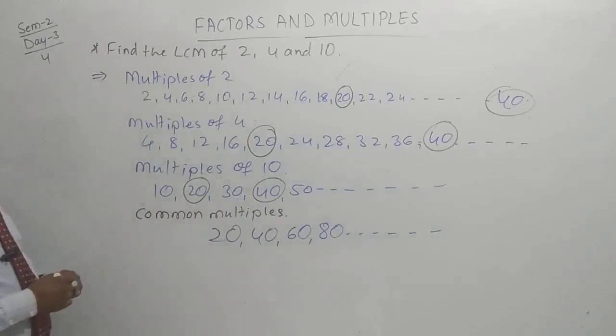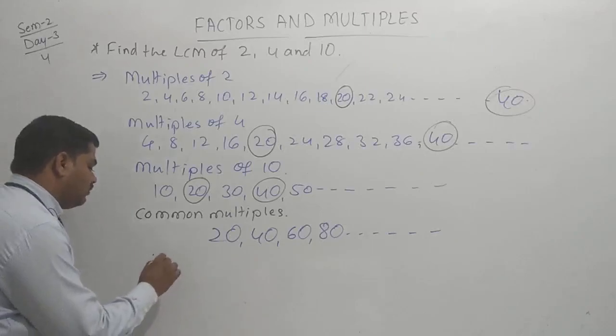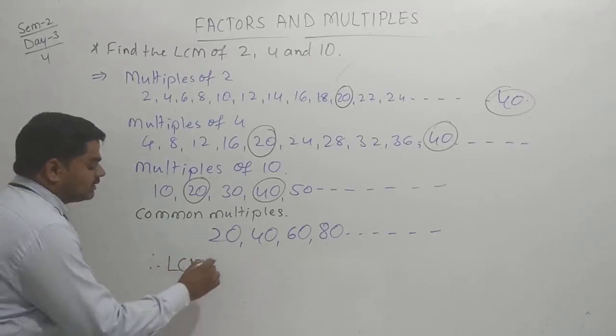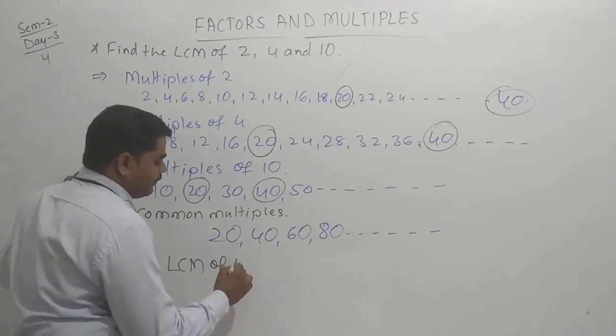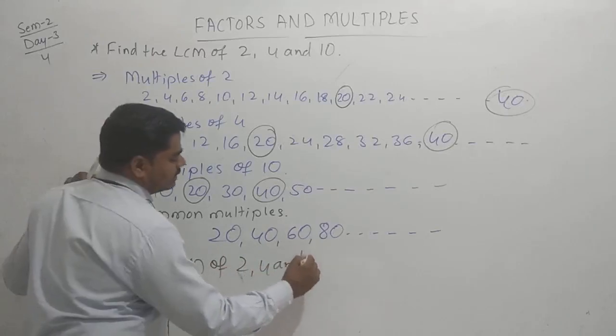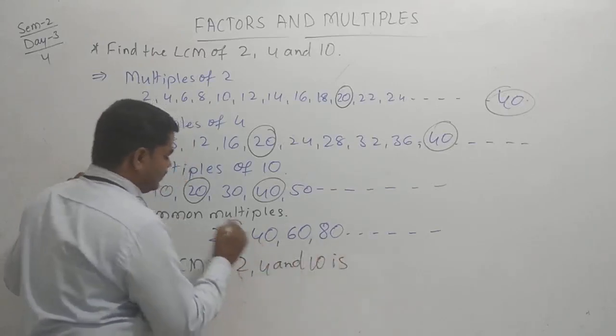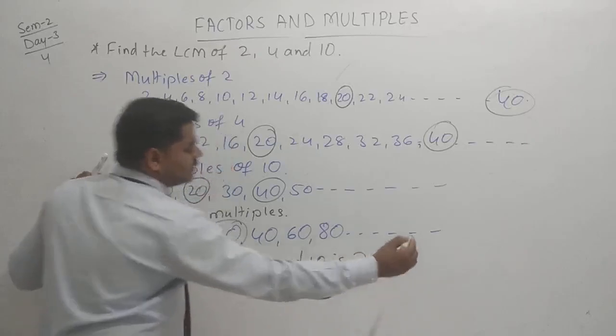Among these, which is the smallest one? Therefore, the LCM, the least common multiple of 2, 4 and 10 is 20. The smallest one is the least.